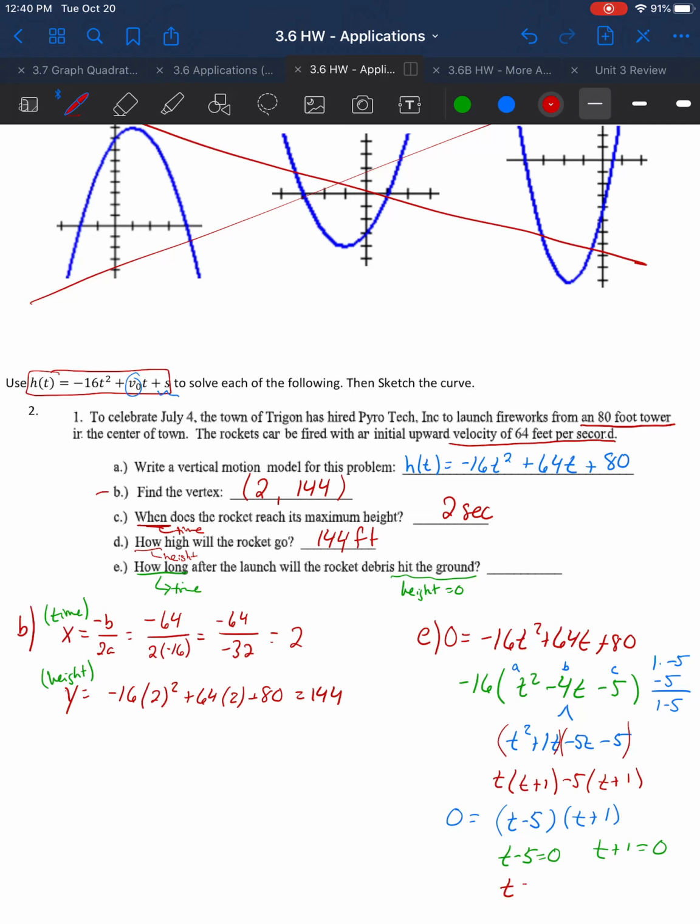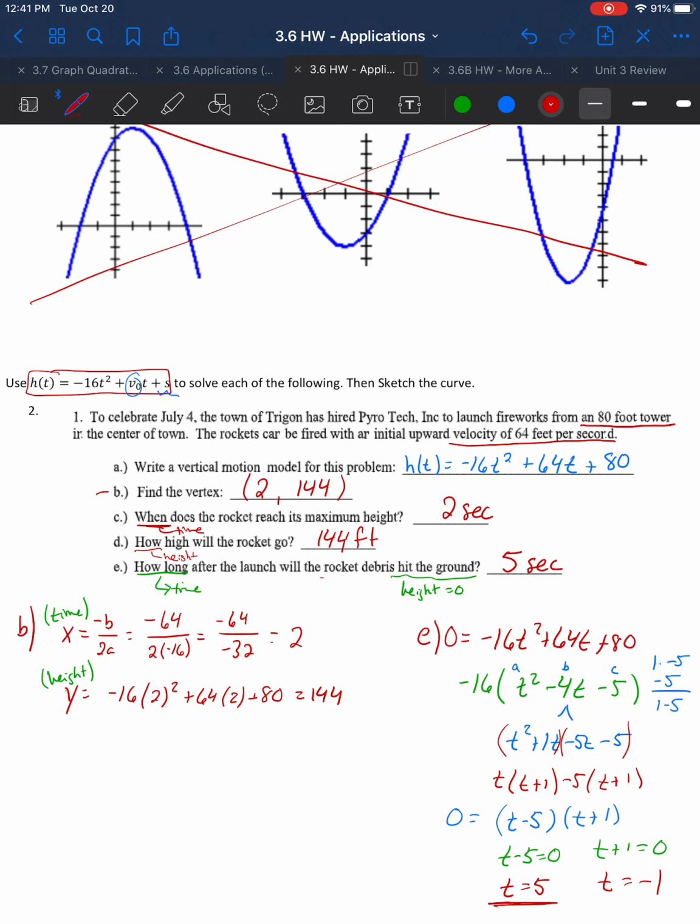So now my factors are t minus 5, t plus 1, but remember, this is all still equal to 0, so my factors are not my answers. They're what I use to get my answers. So I'm going to set each factor equal to 0, and I'm going to solve them. I end up with t equals 5 and t equals negative 1.